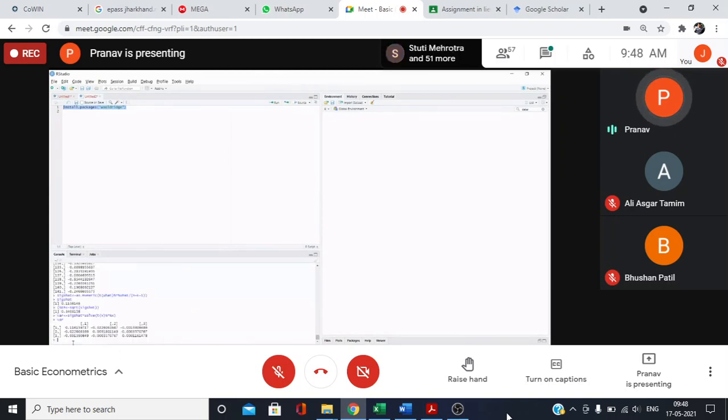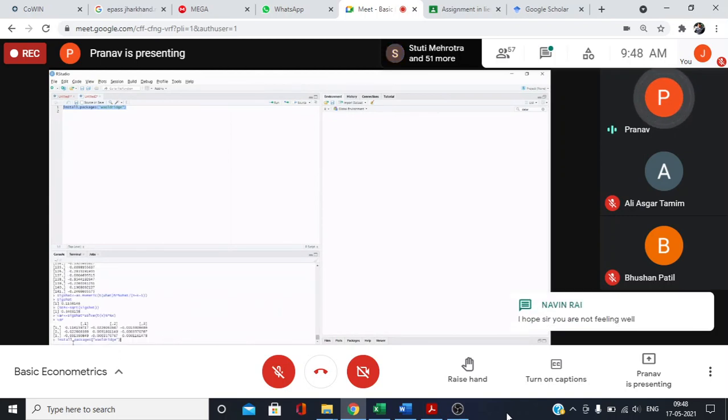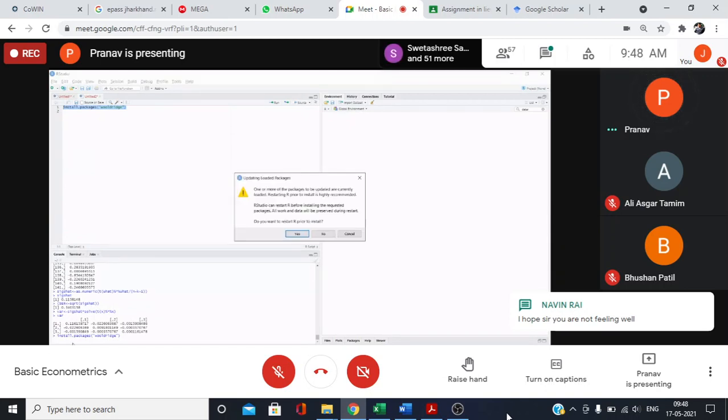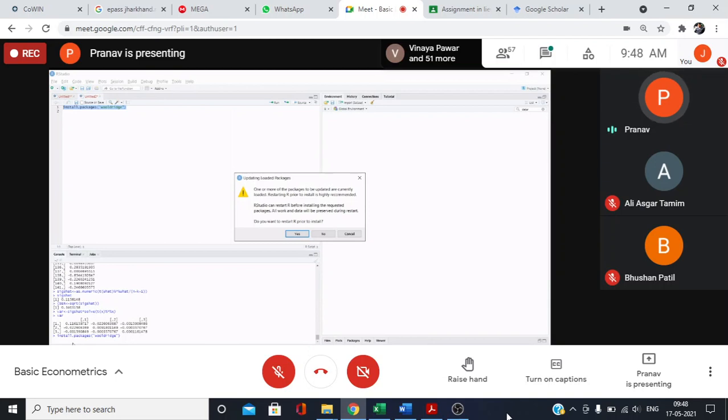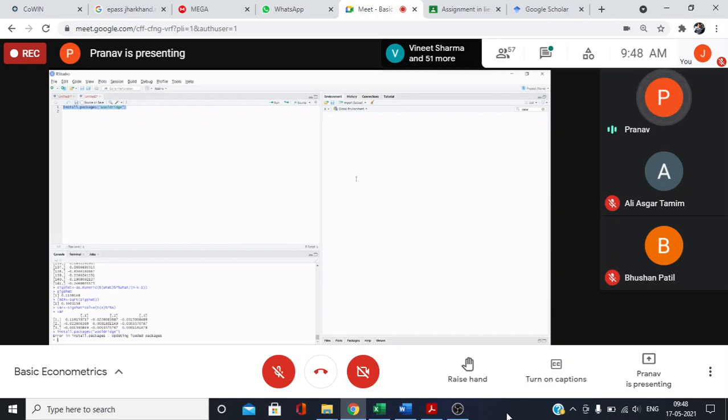If you run this command over here, it tells me that this package has already been installed. So the first thing you have to do is install this package, whose name is Woolrich. I already have the package, so I need not run this command again.